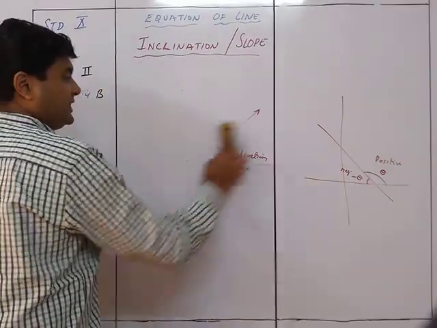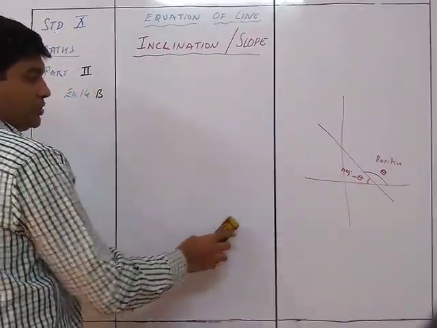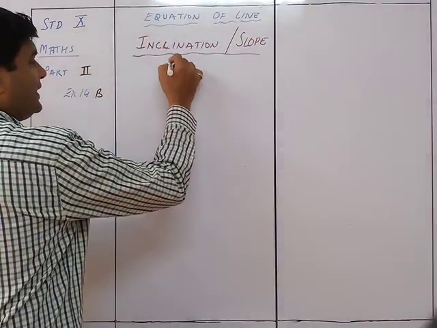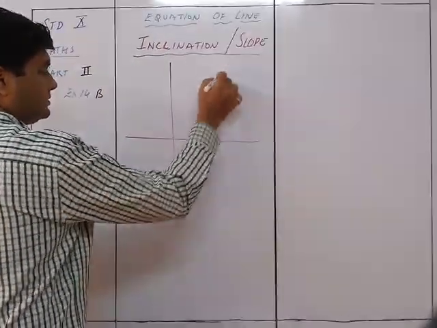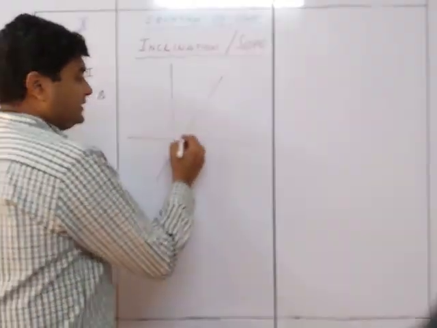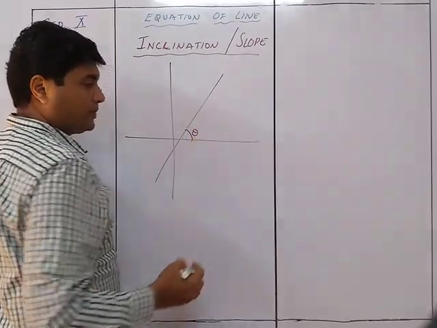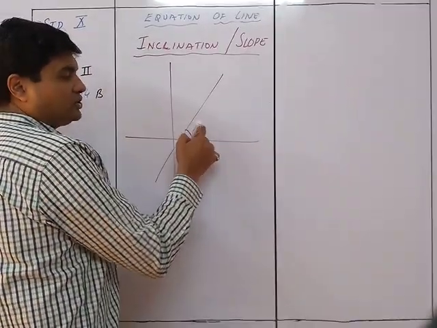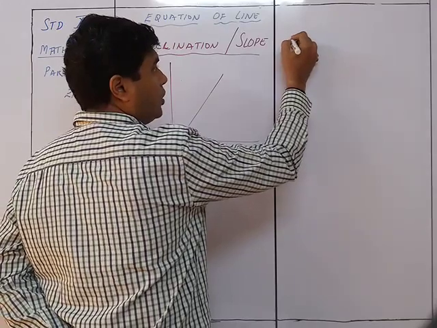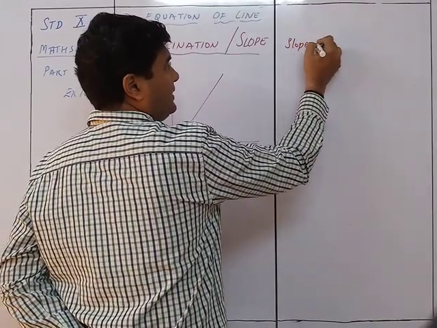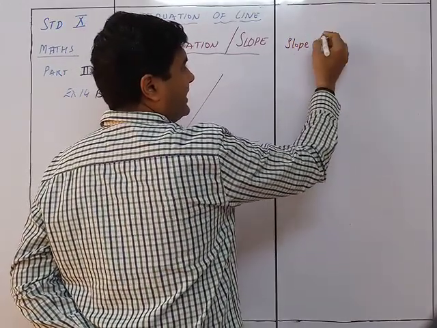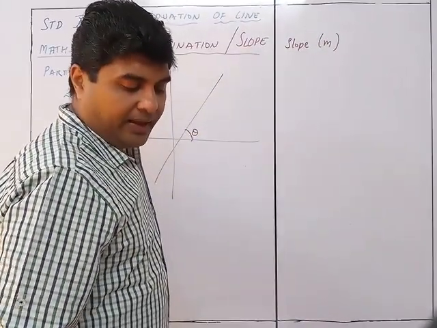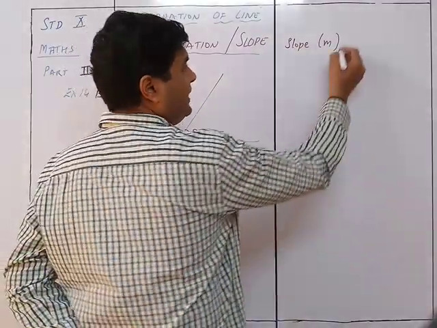When we see this inclination, suppose we take it this way, then this is theta, right? I can find out the slope. Now what is the slope? We denote slope by the letter m.